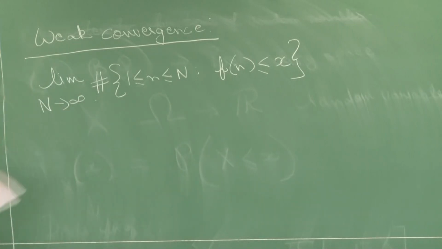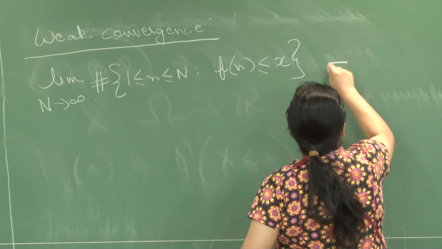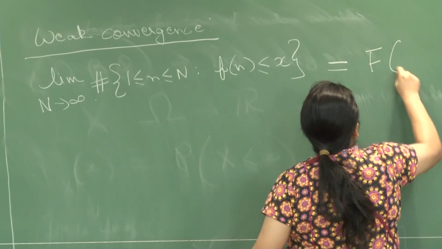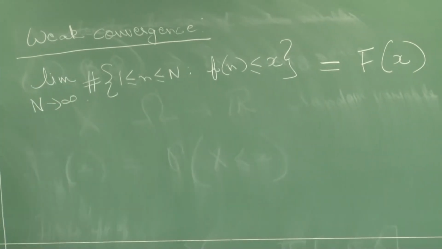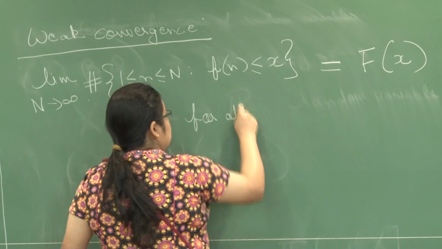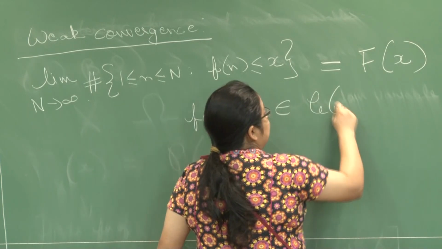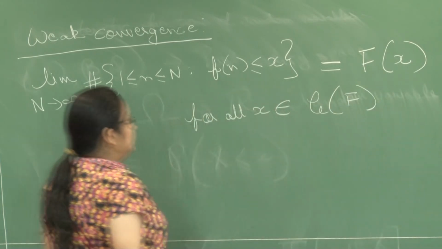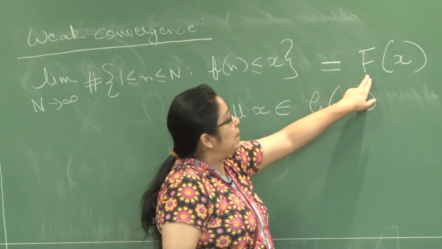The question is whether this converges to some function, some capital F of x for all x lying in the set of points at which your function F is continuous. Okay. If this happens, then we say that there is a weak convergence of these random variables to capital F.